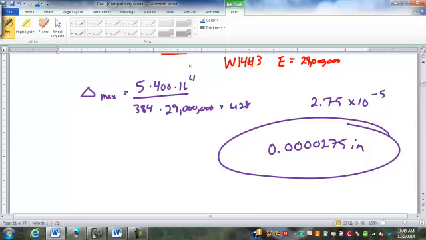Oops, I've got to be careful. Length. Do I need to convert my length into inches? Yes, I do. Sorry, I've got to change that. Do I? Nope, it's saying I can leave it in feet.